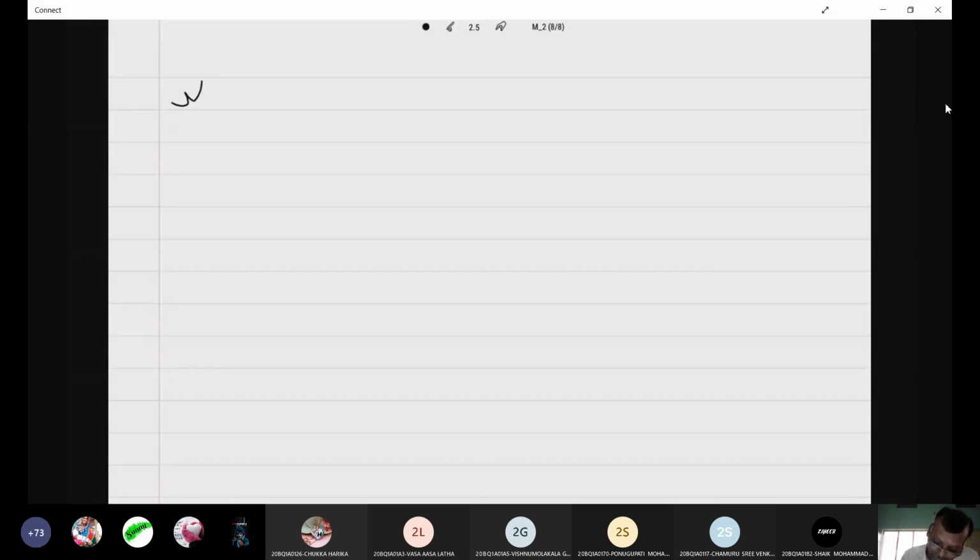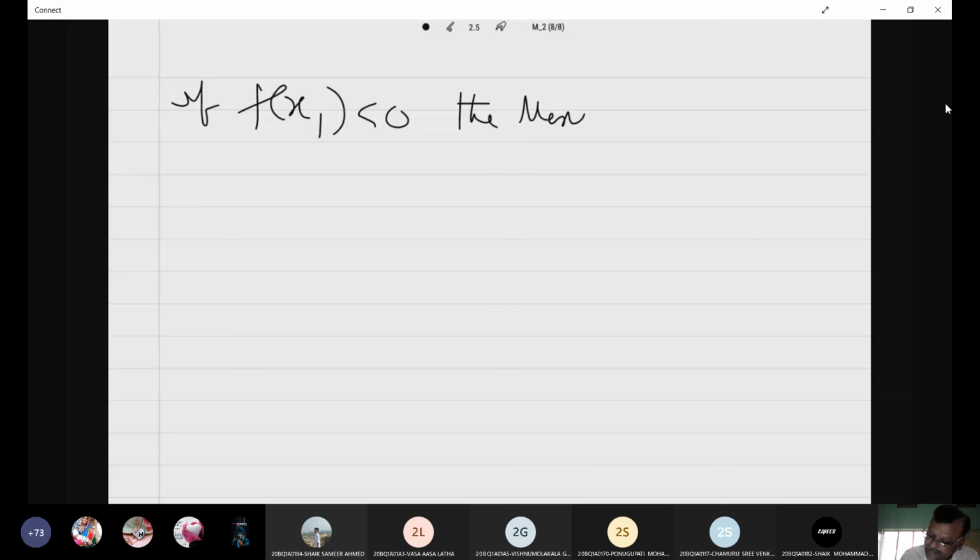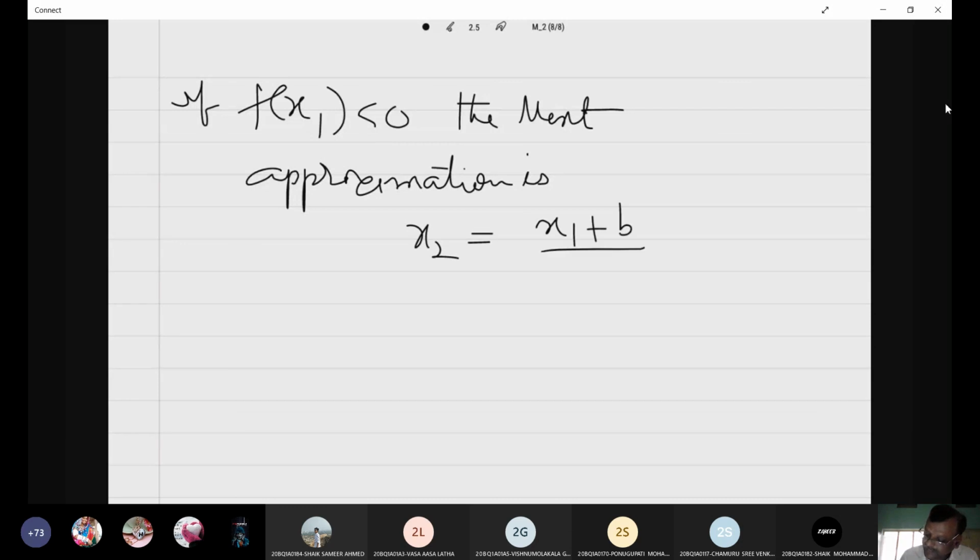If f of x1 is less than 0, then the next approximation is x2 is equal to x1 plus b by 2.